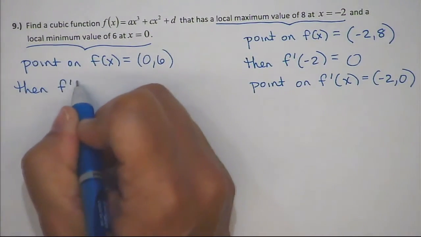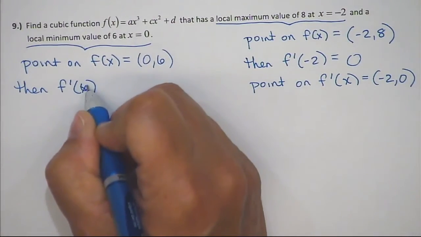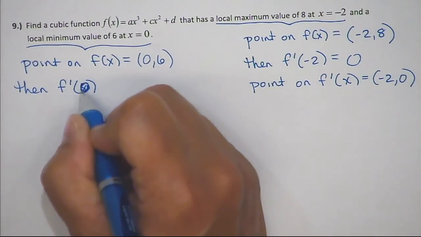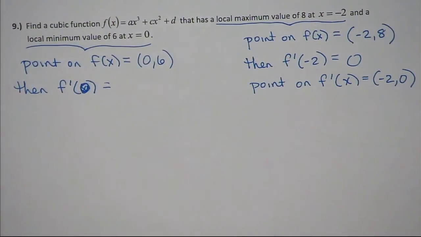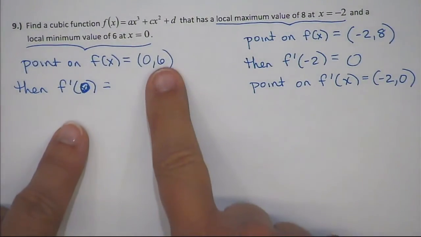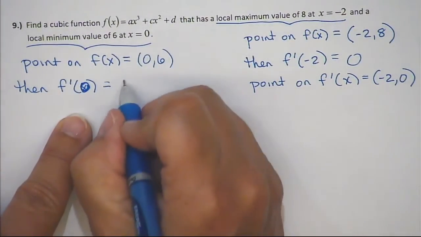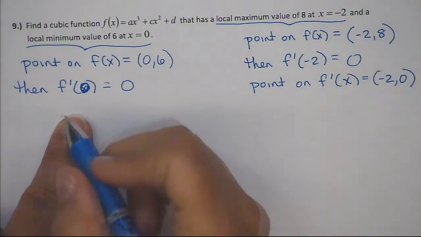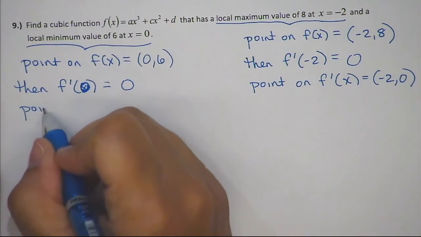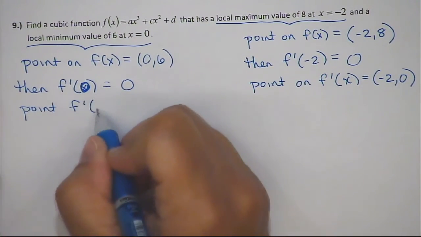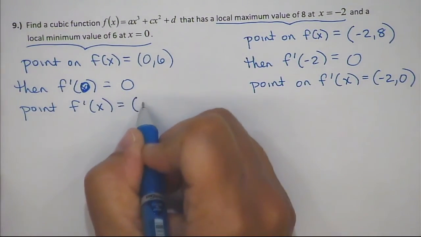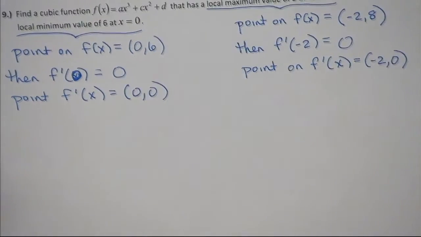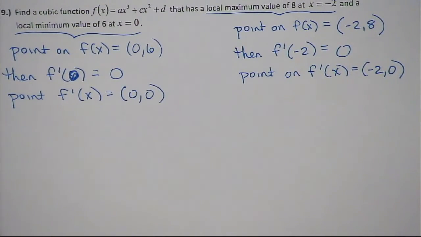But the derivative at 0, the derivative at that minimum value is 0. So we got a concave up part of the graph. So that derivative down there is horizontal. So then we have a point on f prime, 0, 0. So we got lots of ordered pairs now. So now we can find our values.